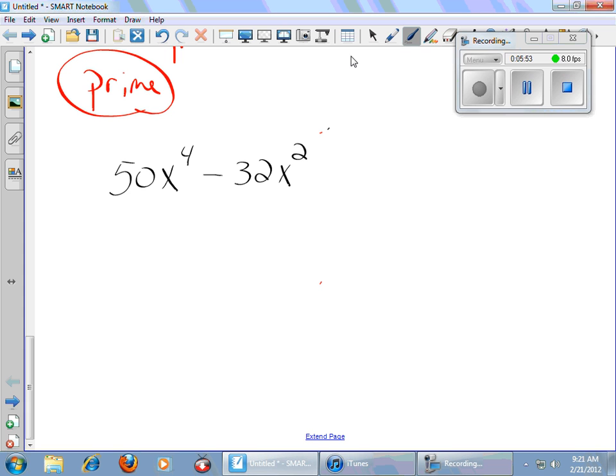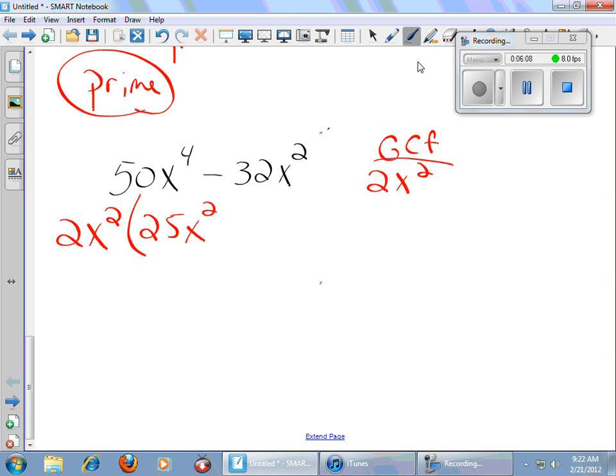So hopefully you're realizing that for the GCF, I think a 2x squared is my GCF. So I'm going to factor out a 2x squared, and I'll be left with 25x squared minus 16. I'm not done, though, because look inside here. Perfect square, you betcha, square root would be 5x. Perfect square, yep, 4.